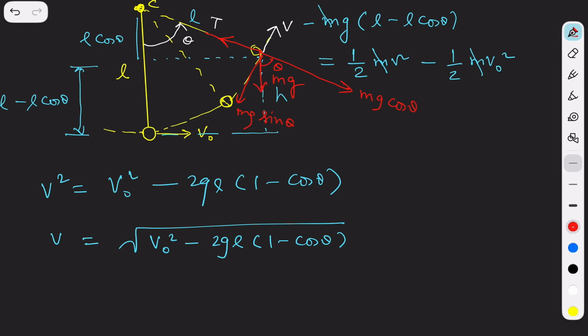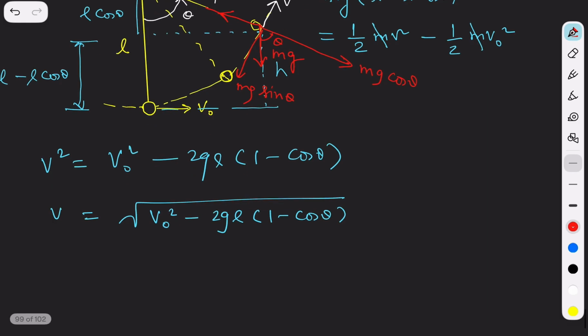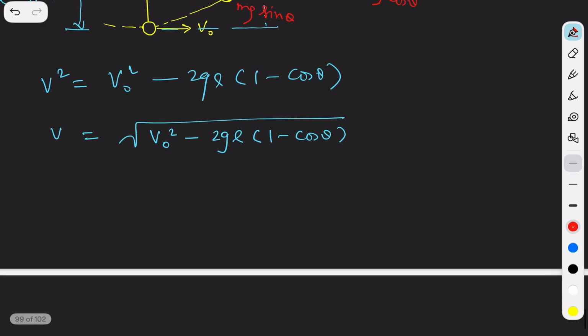So let's use this centripetal condition here. If I write down the expression, it will be T minus mg cos theta, which is the net force towards the center, and it should be equal to m v square divided by L.